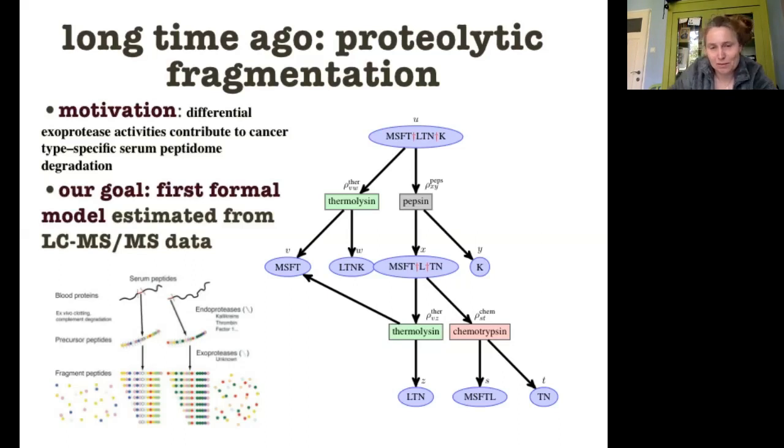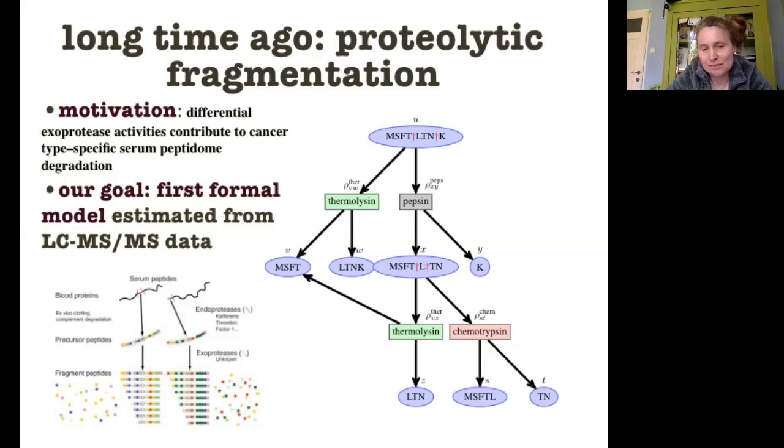So we proposed the first model of proteolysis in mass spectrometry data in proteins. And you can see here the Petri net, which corresponds to this process. There are states corresponding to peptides, and also transitions correspond to specific enzymes.